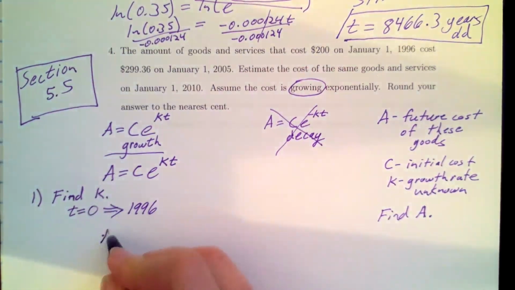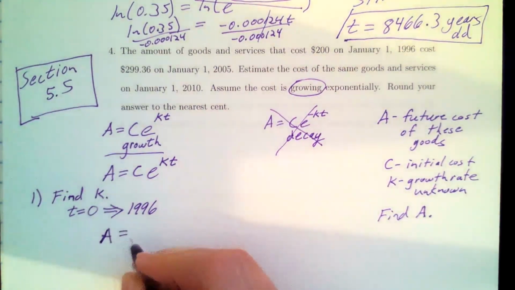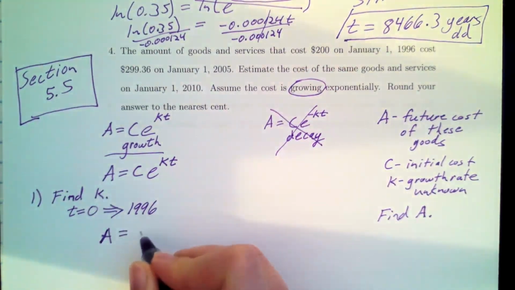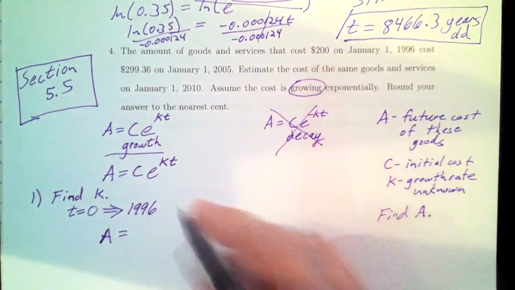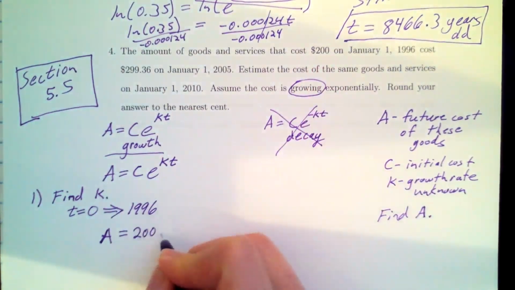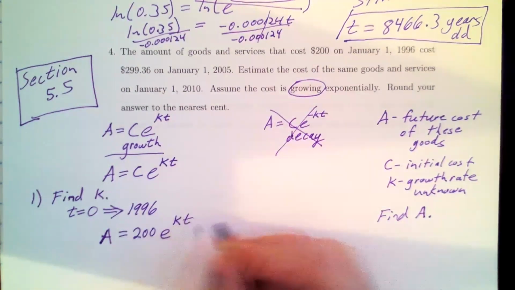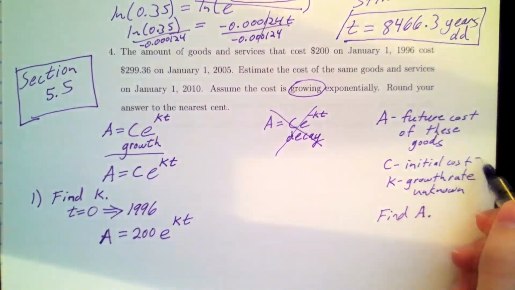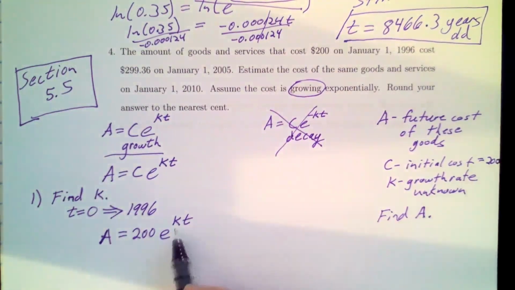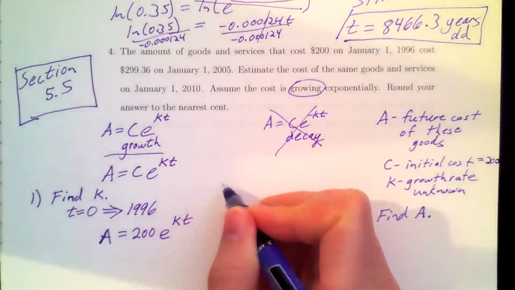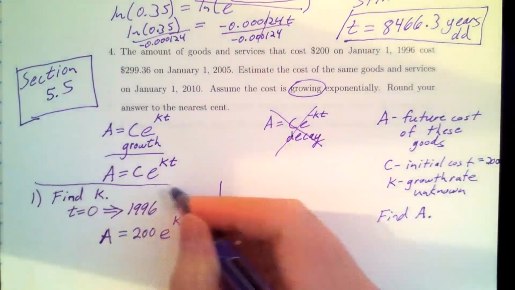So under that assumption, our future cost is C, which would be 200, the initial cost of these goods, times e to the KT. Here I find what K is so that I can answer the bigger question later.